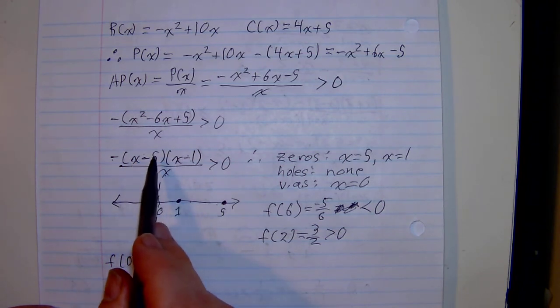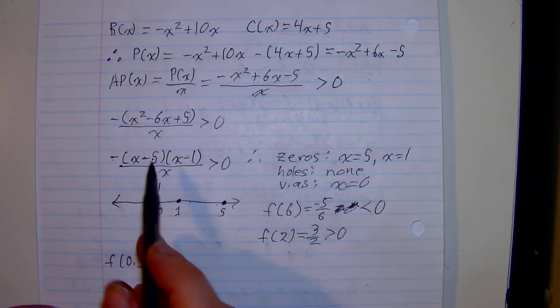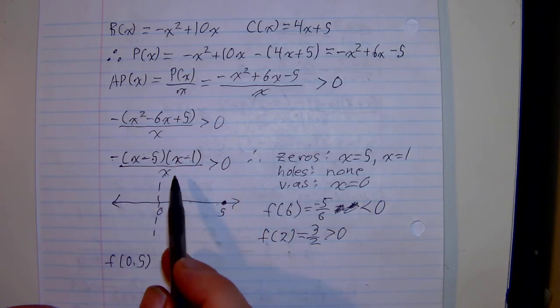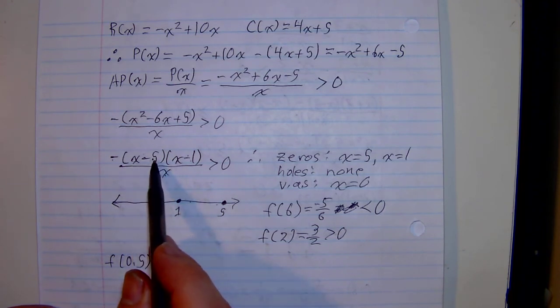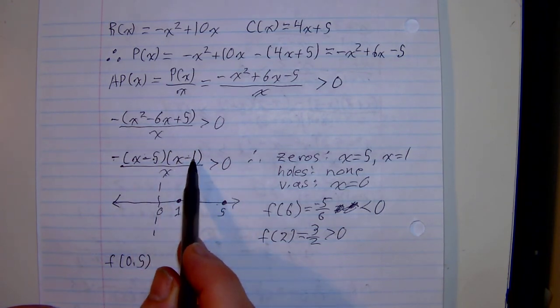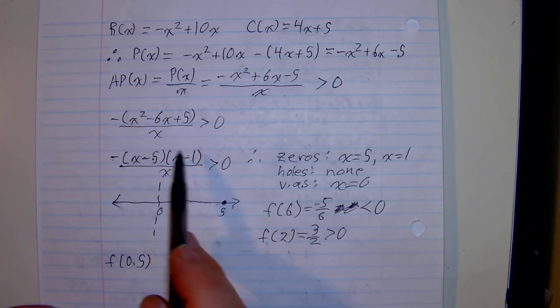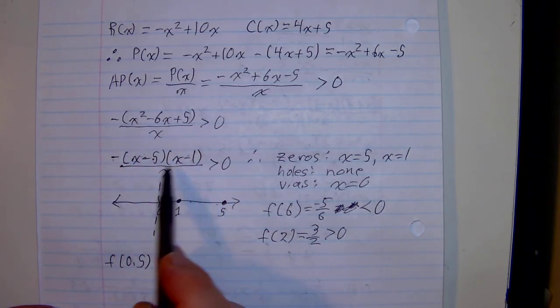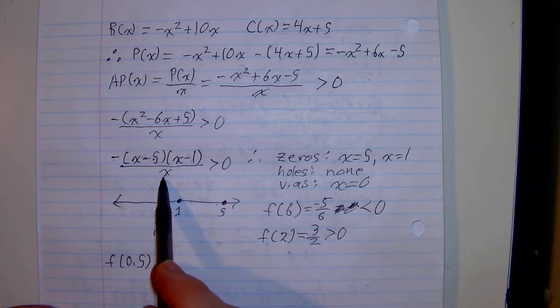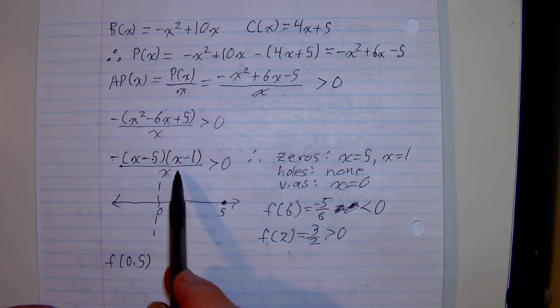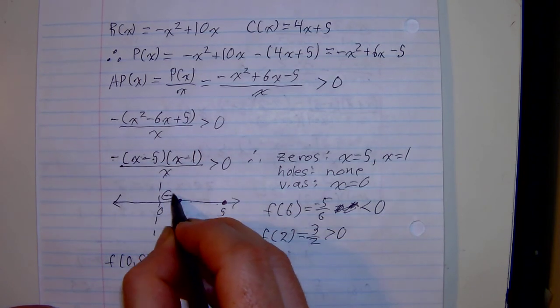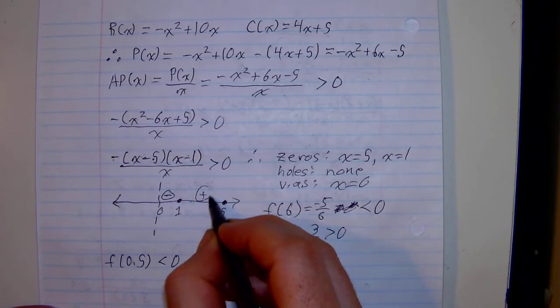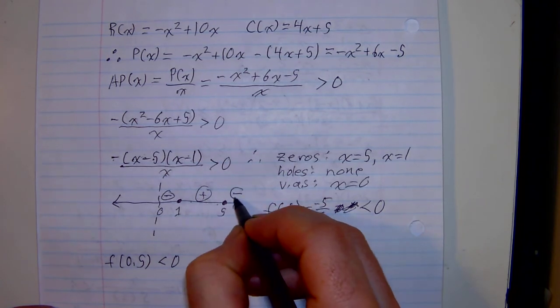The exact number doesn't really matter because all I care about is greater than 0 or less than 0. So I can just look at the sign. 0.5 minus 5 is negative. 0.5 minus 1 is also negative. So this is negative times negative times negative, which is overall negative, divided by 0.5, which is positive. So negative divided by positive gives me a negative, and so this is going to be less than 0. So negative in that section, positive in this section, negative in this section.